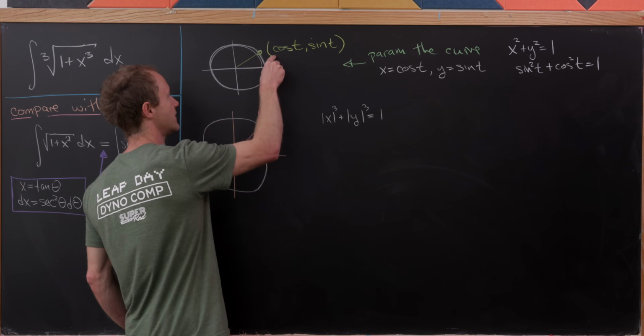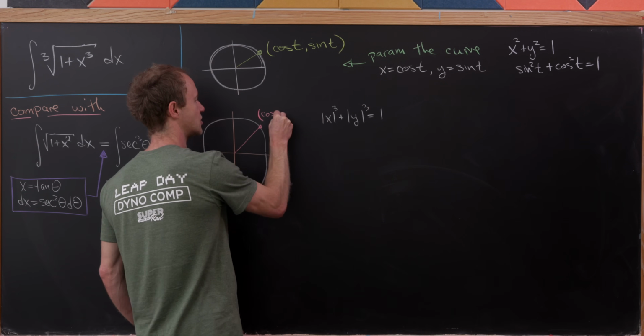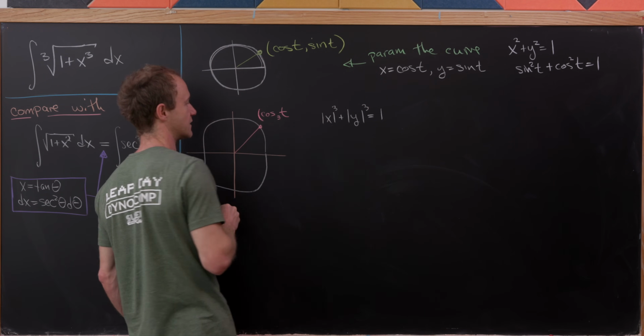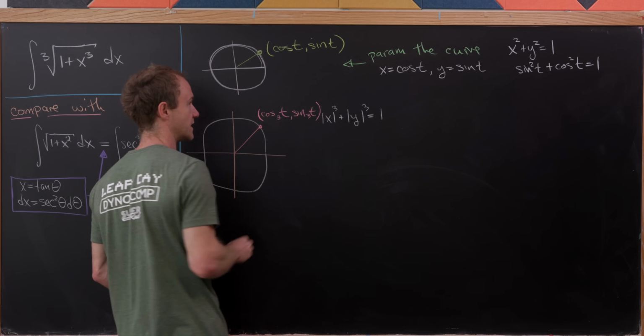Motivated by our cosine and our sine up here, I'm going to call these cosine underscore 3, so cos_3(t), and sine underscore 3.